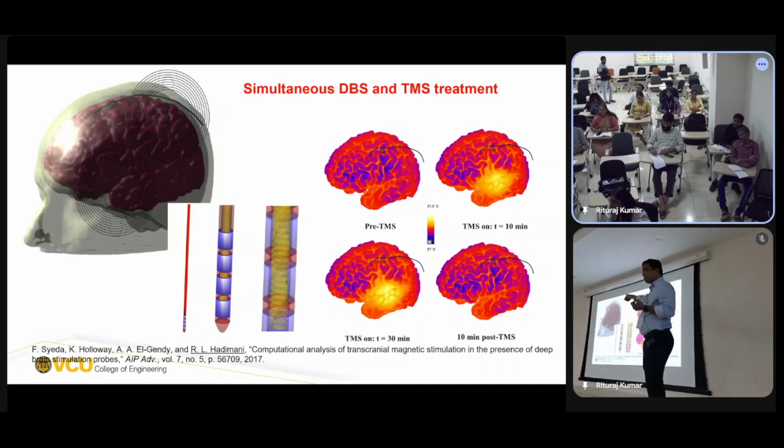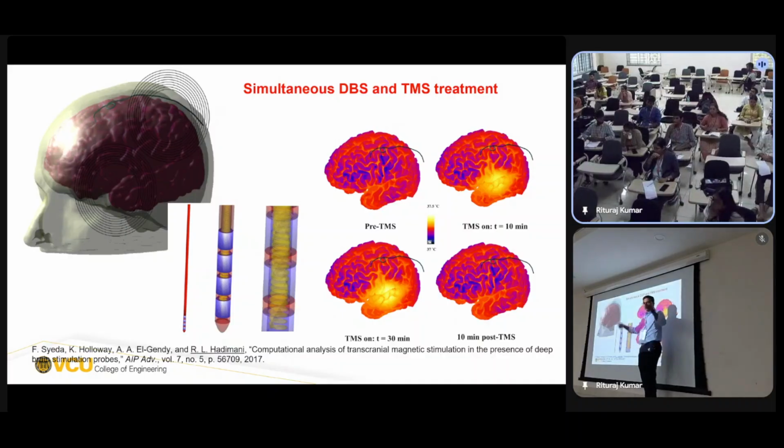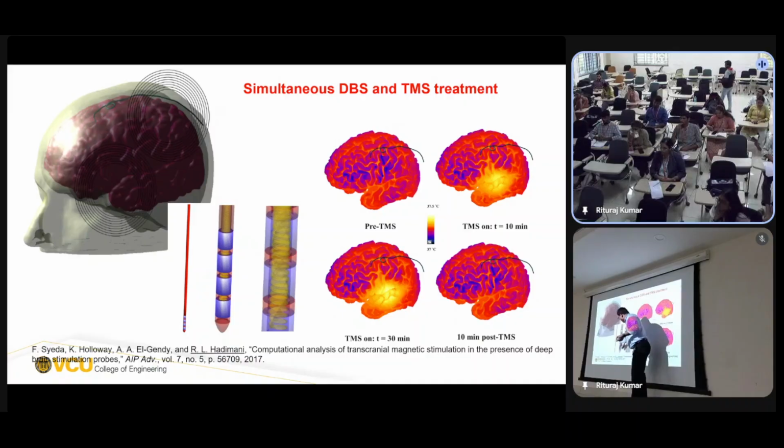But TMS is a high magnetic field, and the DBS lead carries a small current. There will be electromagnetic interference between DBS and TMS. So she asked me to do a computational study on whether it's safe or not. We had to build accurate models of the DBS leads. Each contact is connected to one wire, and when it comes here, there are 4 wires wound in a spring fashion.